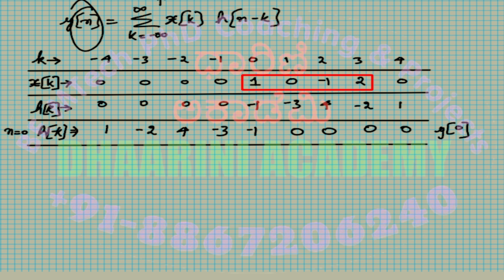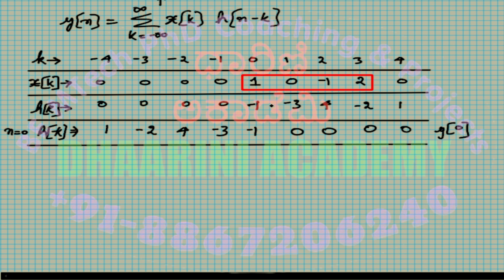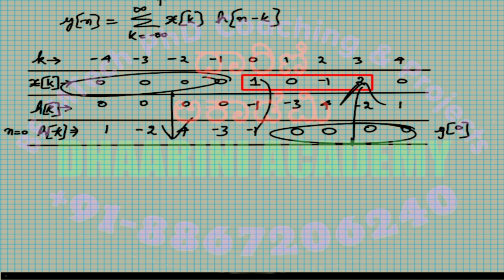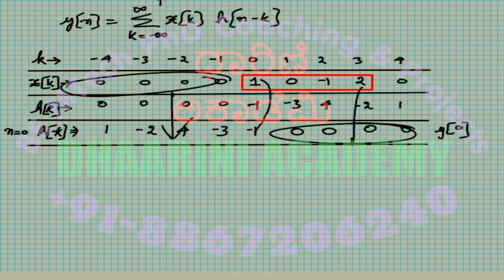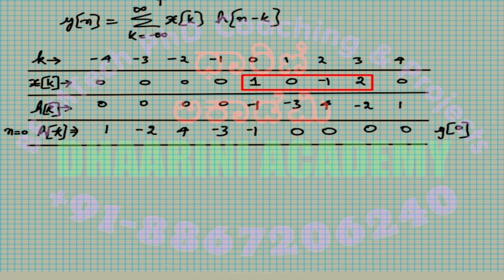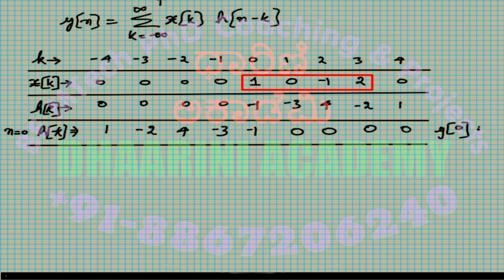That means your first sample is what you are getting in the answer. So it is nothing but simply one term, all others are 0. You can see here either you have zeros here or zeros here, so multiplication will definitely result in 0. So because of that reason, now let us multiply and write these values. So 1 into minus 1. So my answer y of 0 is simply minus 1. I got my first sample.